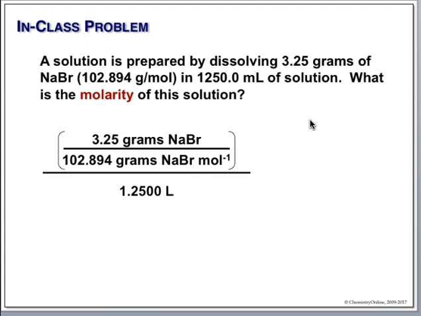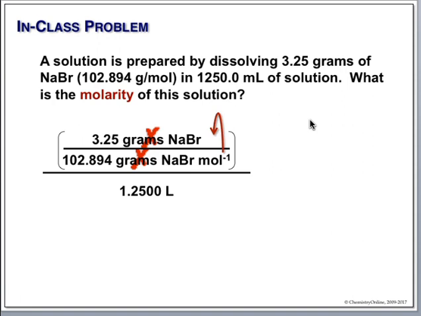So we know the number of moles, we know the number of liters, we know the molarity. If we look at this, grams are going to cancel. Here we have per mole in the denominator. Remember, the reciprocal of a reciprocal is the thing, so this is going to come up, and it's going to be mole up top here.